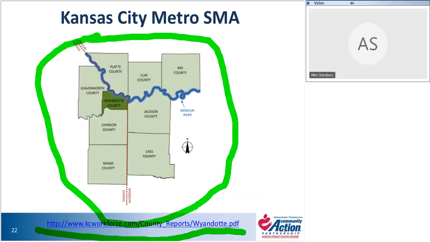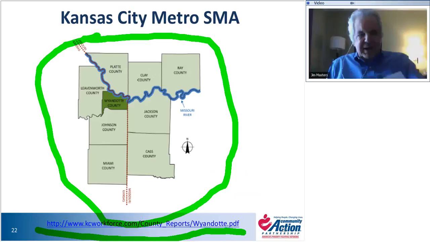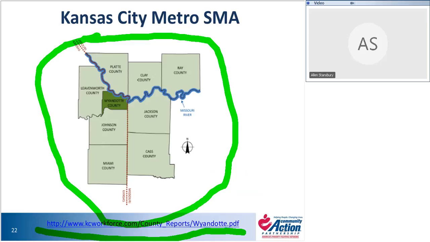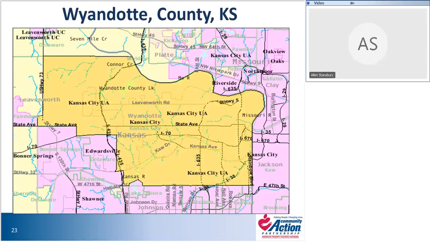You can go directly to that link and come up with this map, and it gives you a whole lot more information. And there's Wyandotte County. That little green spot in the middle is Wyandotte County. And you notice that it encompasses parts of 2 states. This is a geographical area with Wyandotte County in the middle of it, Kansas City down in here. And you know that Kansas City is divided in half, one on the Missouri side and one on the Kansas side.